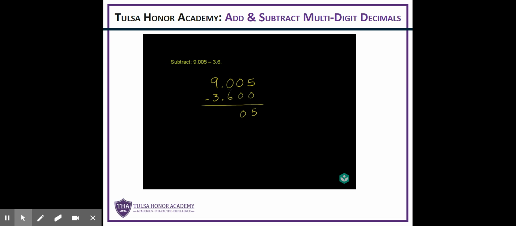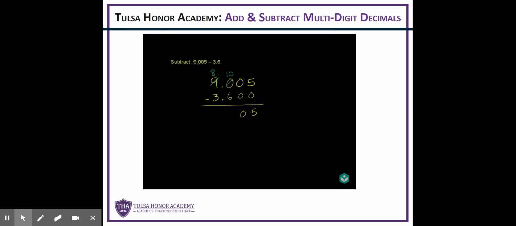And you can't subtract 6 from 0, so we need to get something into this space right here. And what we essentially are going to do is regroup. We're going to take 1 from the 9. So it becomes an 8. And we need to do something with that 1. We're going to put it in the tenths place. Now remember, 1 whole is equal to 10 tenths. So then this will become 10.